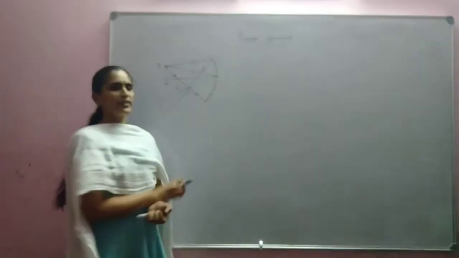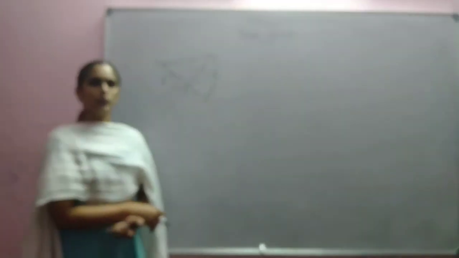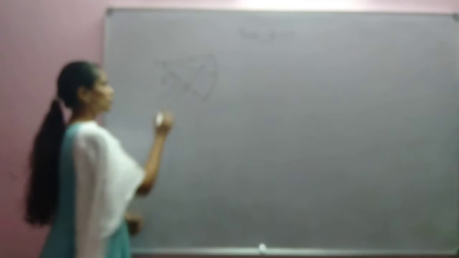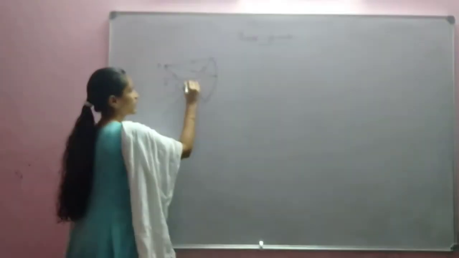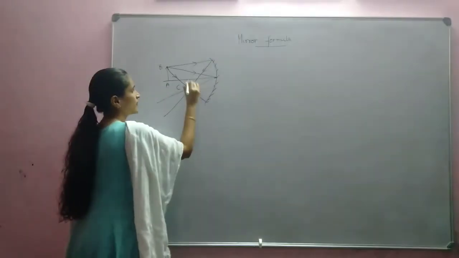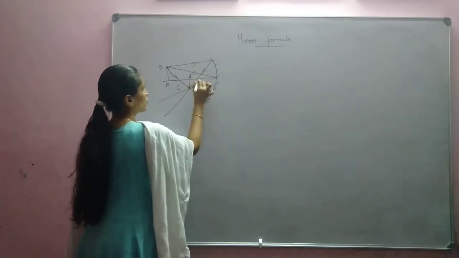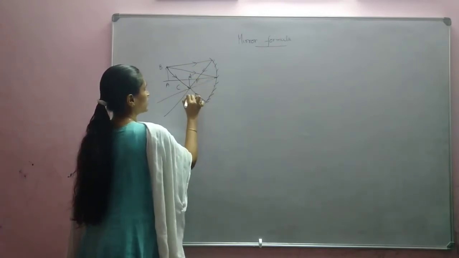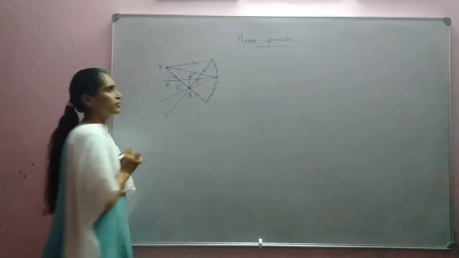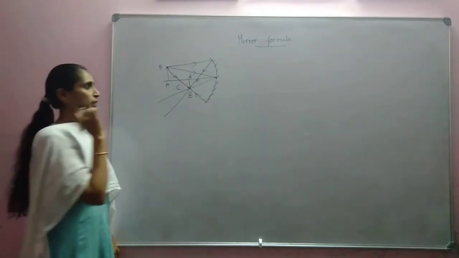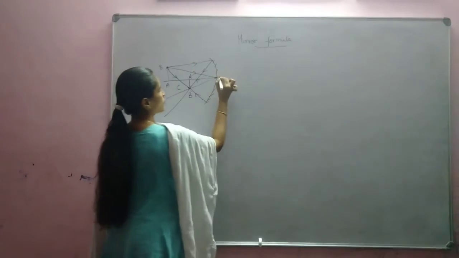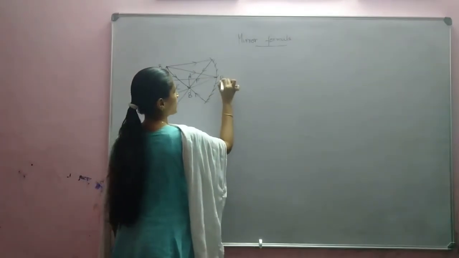We consider 3 rays, but 2 rays are enough to get the image. So we can say that the image is formed here. This we can write as A dash. This is our focus, and A dash B dash is the image. Here we can mark the pole.